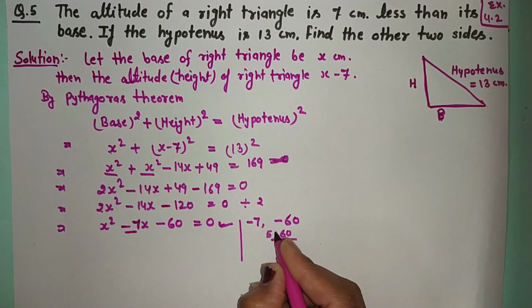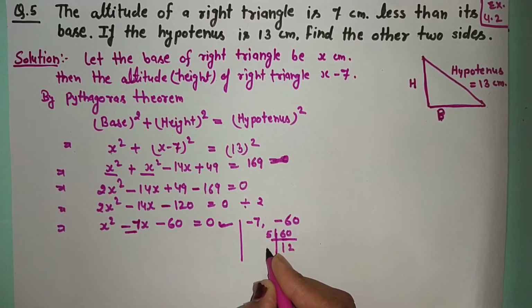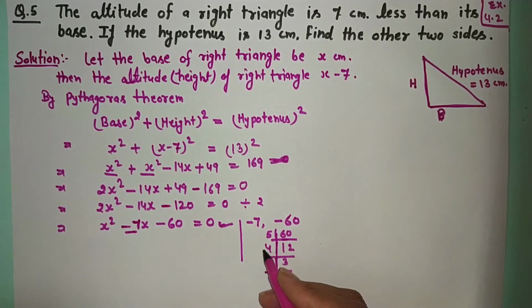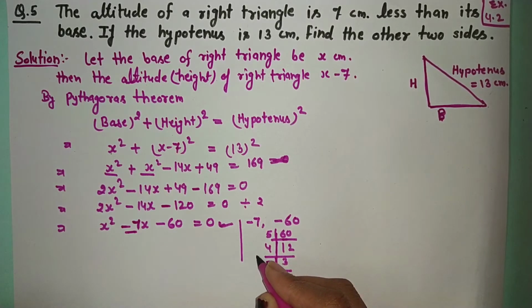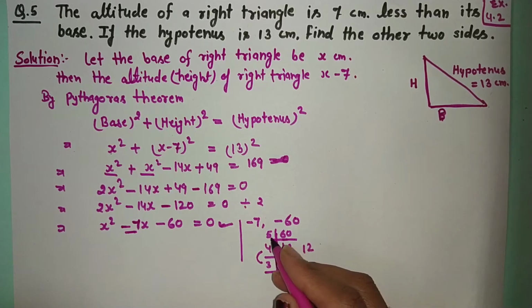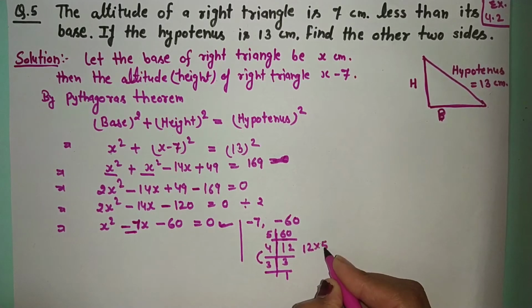By dividing by 5, we get 12. By dividing 12 by 4, we get 3. The factors of 60 are 5 multiply 4 multiply 3. By multiplying 4 multiply 3, we get 12, and the other factor is 5.